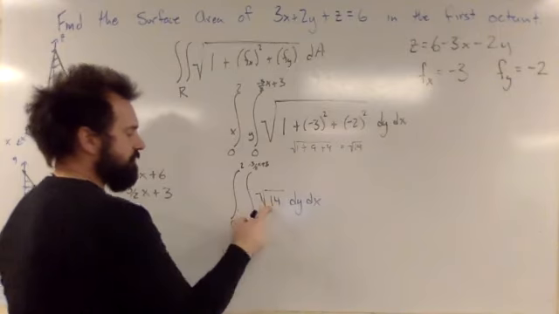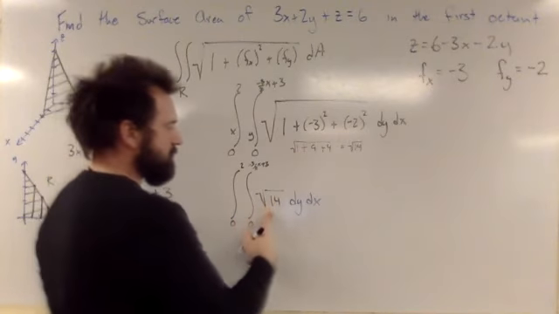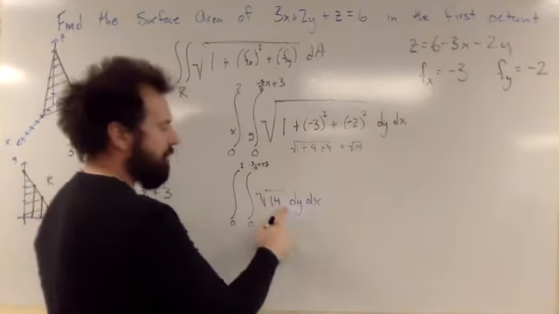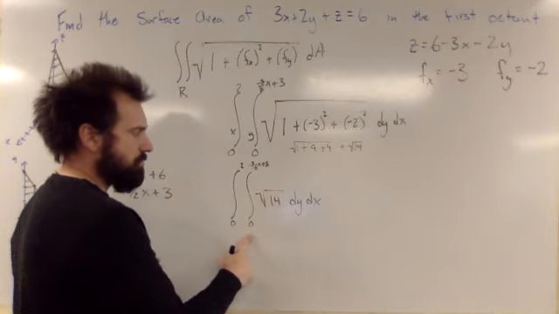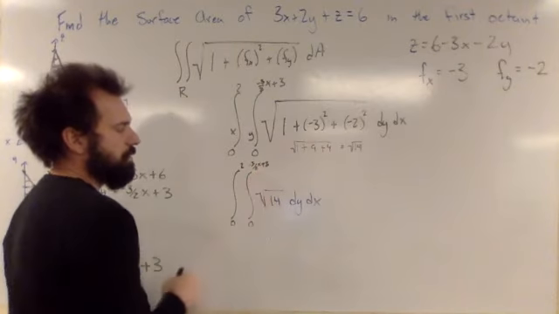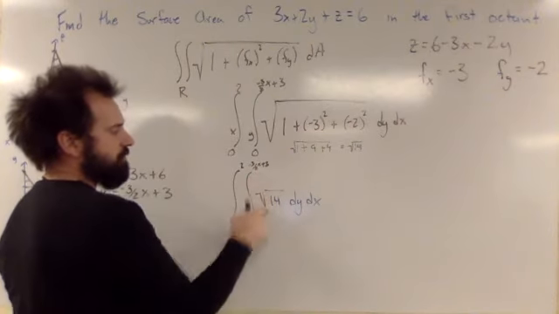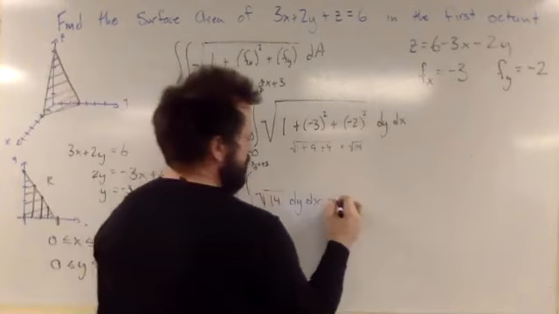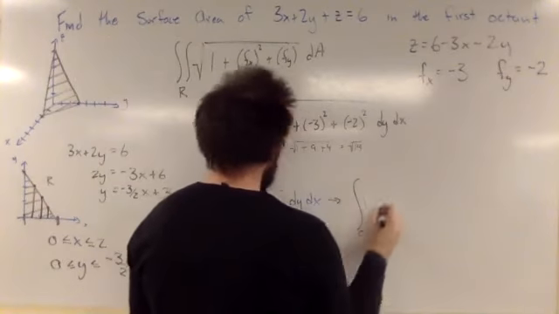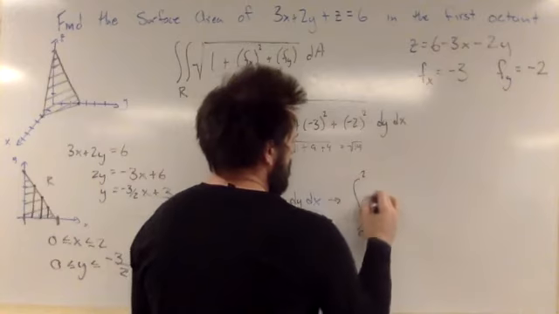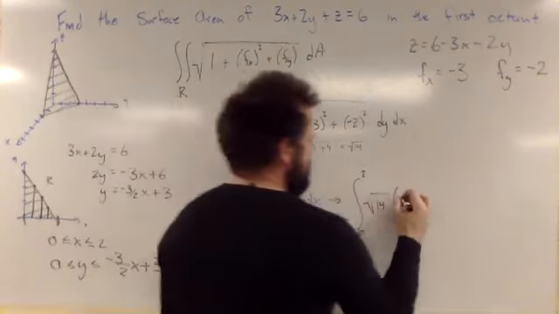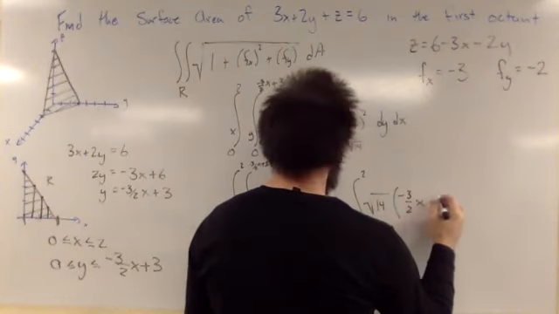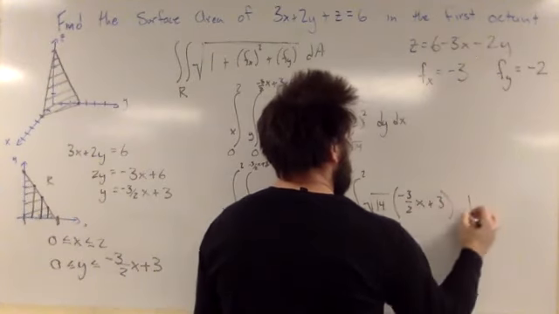My antiderivative here is just going to be square root of 14 times y. When I evaluate that, the 0 goes away, so I'm just left with square root of 14 times this. So I have the integral from 0 to 2 of square root of 14 times minus 3 over 2 x plus 3 dx.